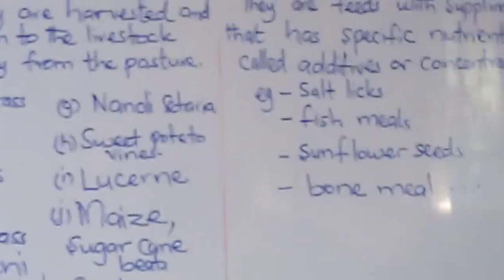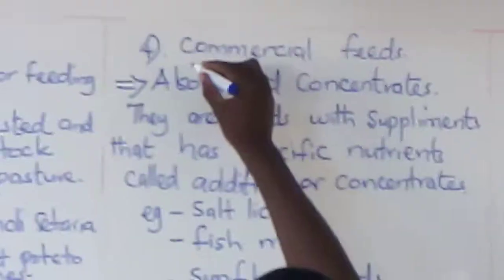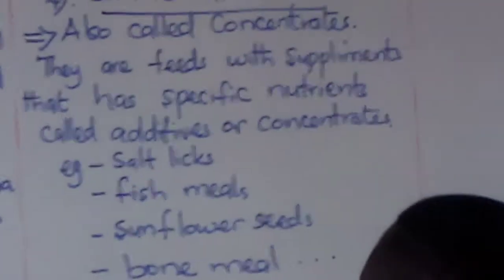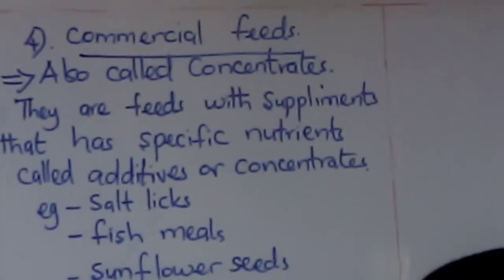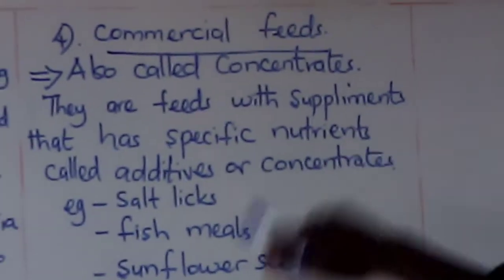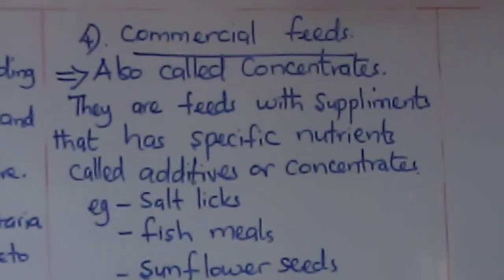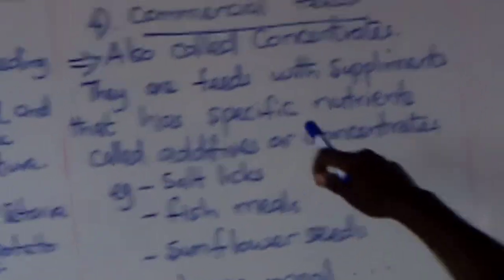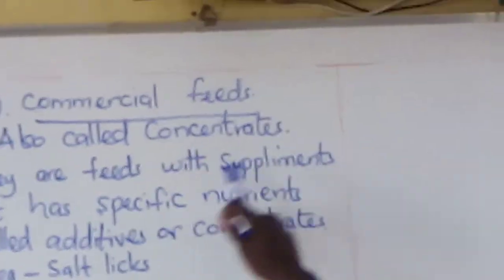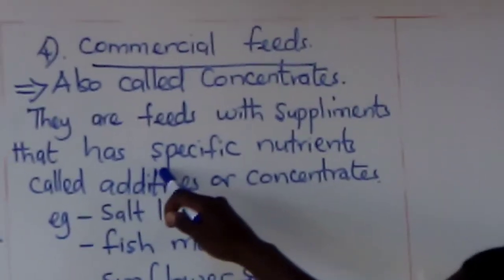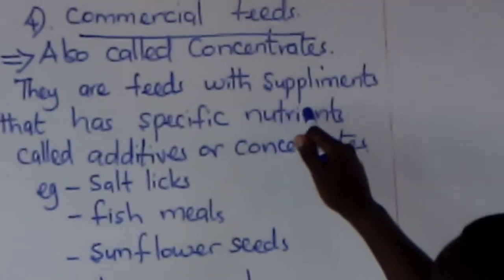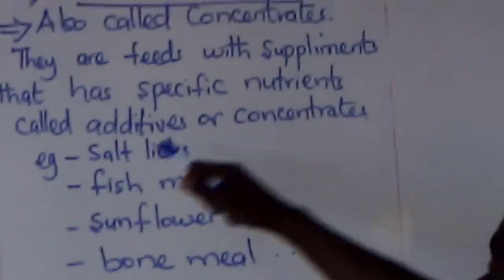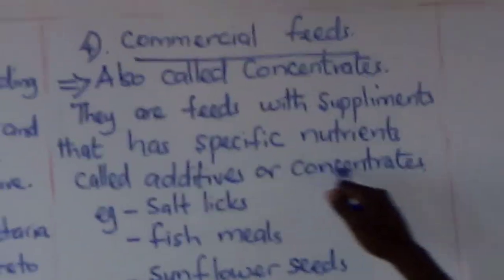The last group of animal feeds is the commercial feeds. The commercial feeds are also called concentrates. They are feeds with supplements that have specific nutrients called additives or concentrates.